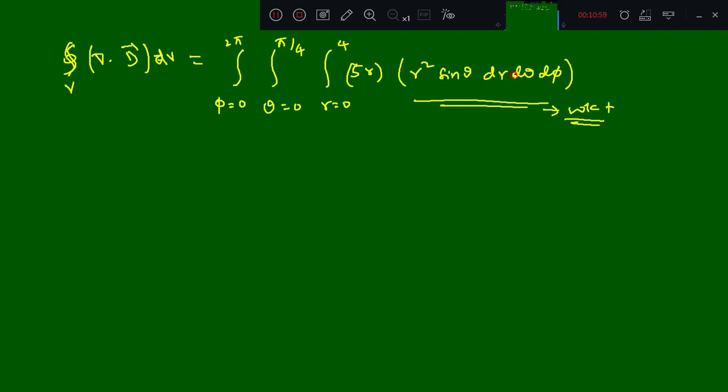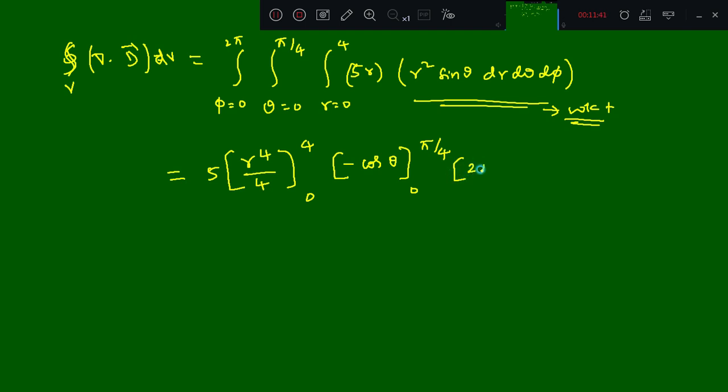So if you substitute this value and calculate, the value we are going to get is 5 into r raised to 4 divided by 4, from 0 to 4, for the r integration. Then for theta it is minus cos theta, 0 to pi by 4, then phi is 2 pi.